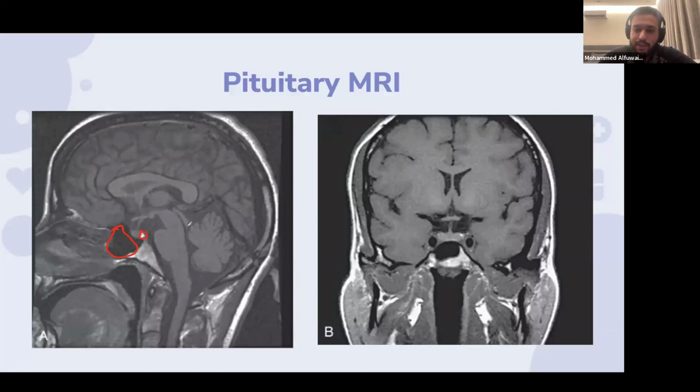Which hormone is causing it to be bright? ADH, excellent. It is bright because of ADH. We'll get to the clinical implications later on, but if you have loss of this white spot, this is a clue for a certain diagnosis.